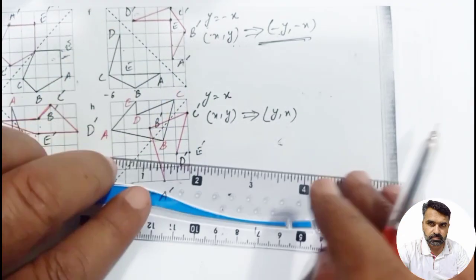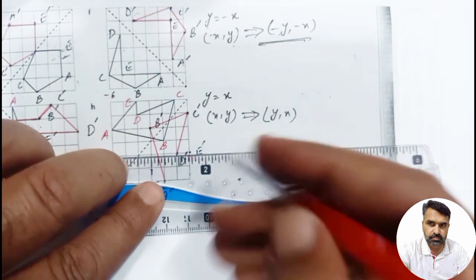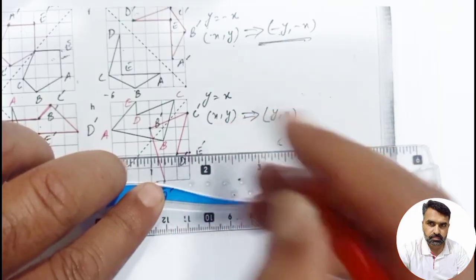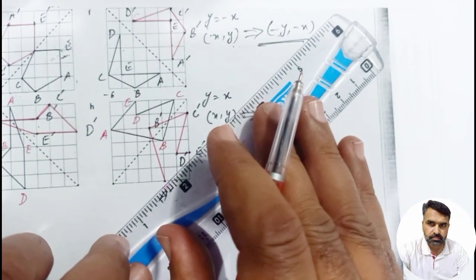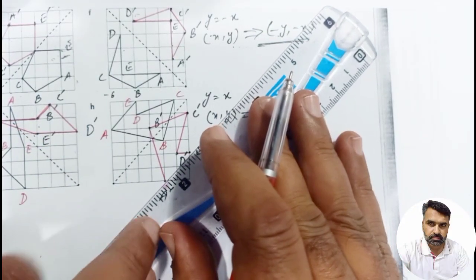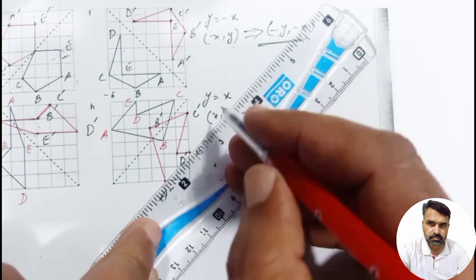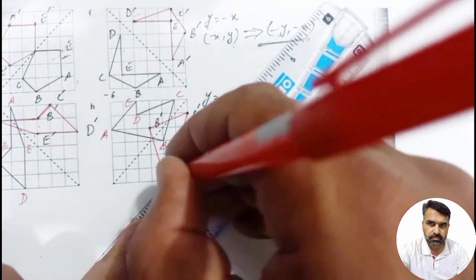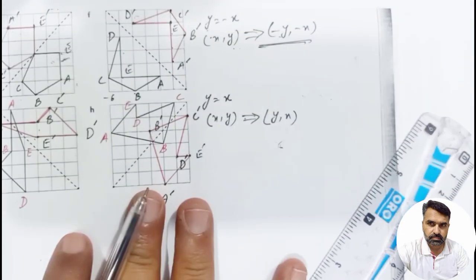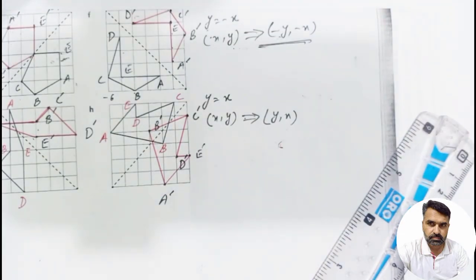And then D prime to E prime. And then E prime to A prime. And this figure is the reflection of this figure according to this mirror line, that is y is equal to x. So students, it is question number 2, exercise 7.1a.